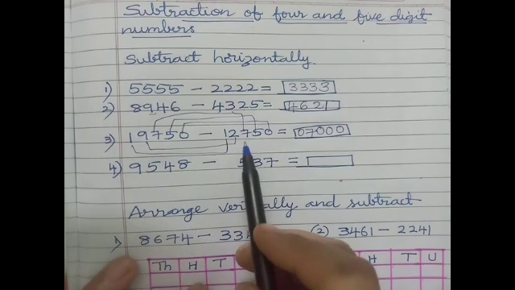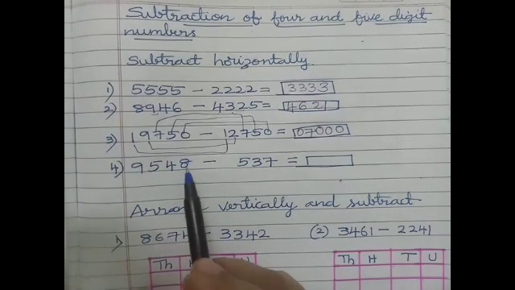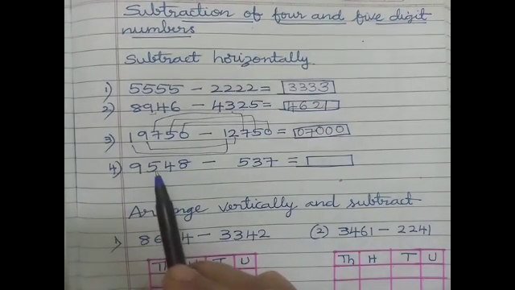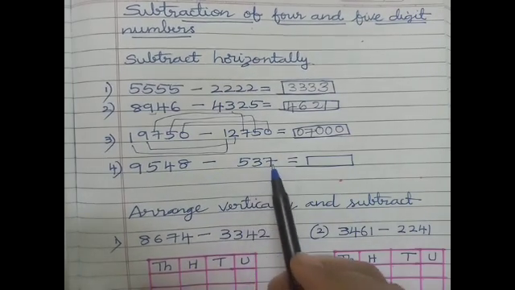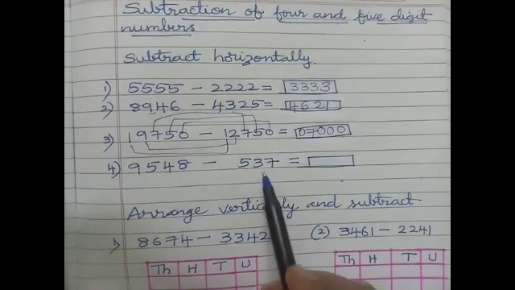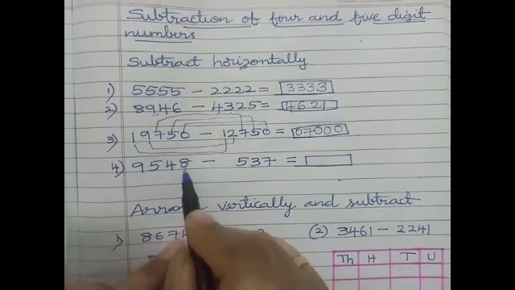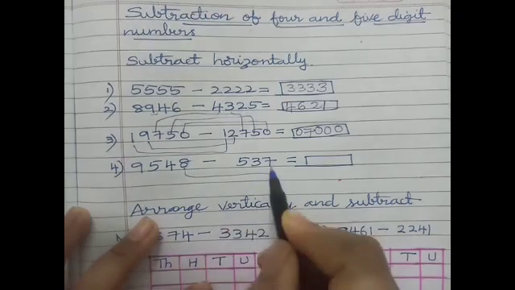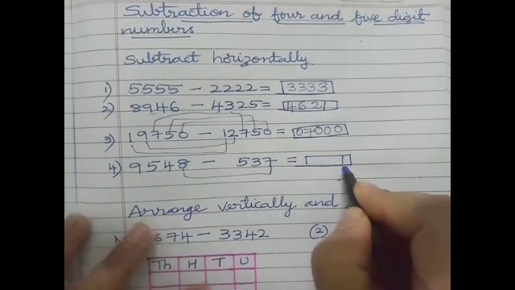Yes children. Now look at the next sum here. 9548 minus 537. So this is a 4 digit number and this is a 3-digit number. So while subtracting, you follow the same method, that is 8 minus 7. 8 minus 7 is 1.